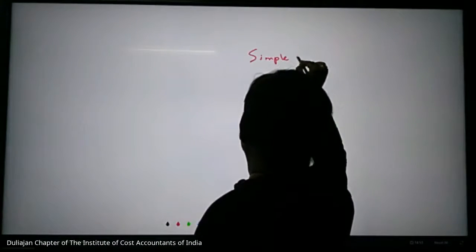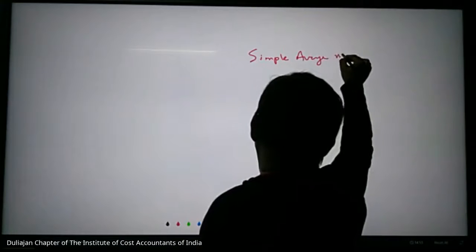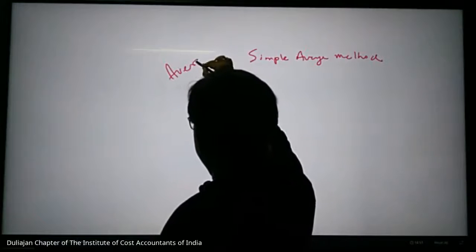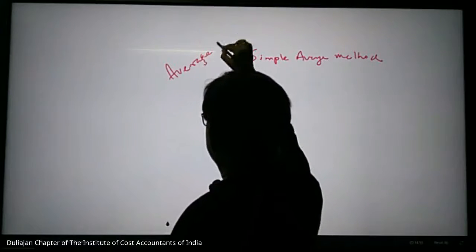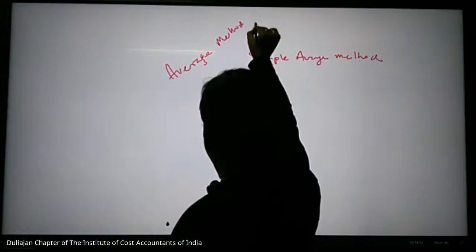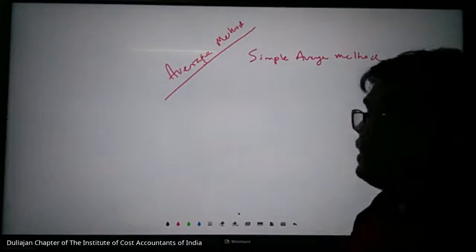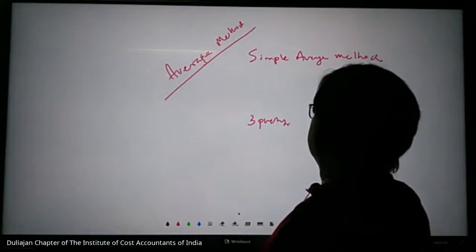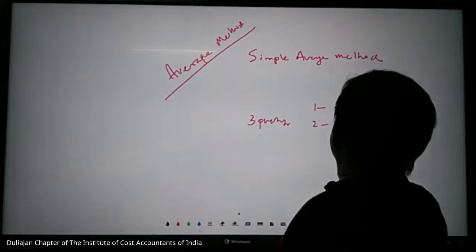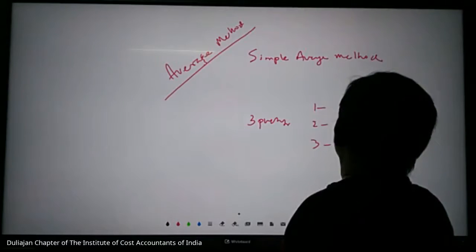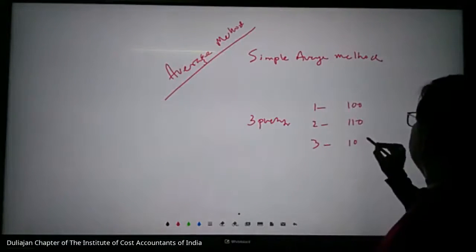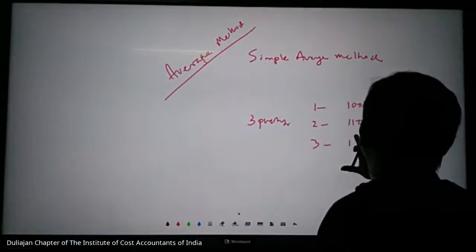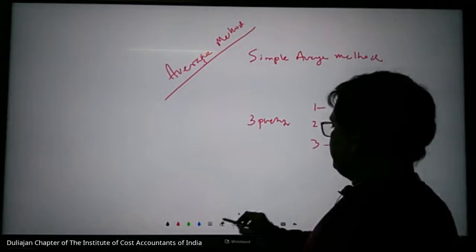the simple average method also. In the average method, you will find in your study note, there are some methods of averaging out. Like my three purchases are there. The first purchase is 100 rupees, second is 110 rupees, third is 120 rupees.